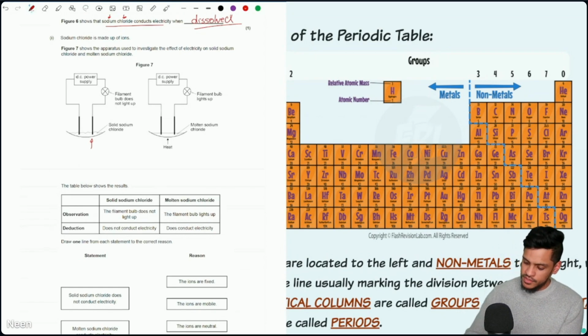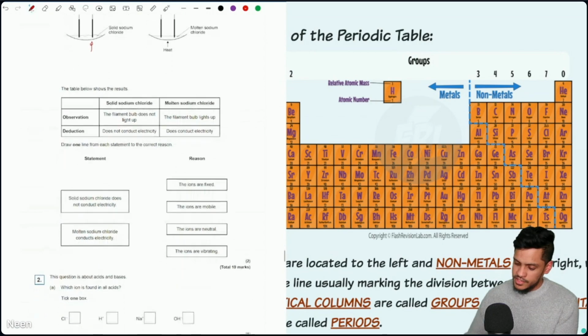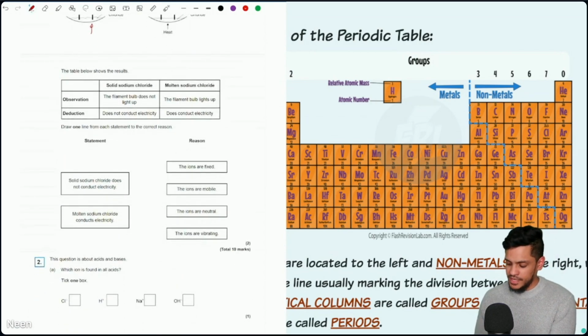That's because solid sodium chloride does not conduct electricity, but molten does. So this is literally what I've just explained. What do you guys think the answer is here? Let's see if you guys have been listening to me. Solid sodium chloride does not conduct electricity. Why? And why does molten sodium chloride conduct electricity?